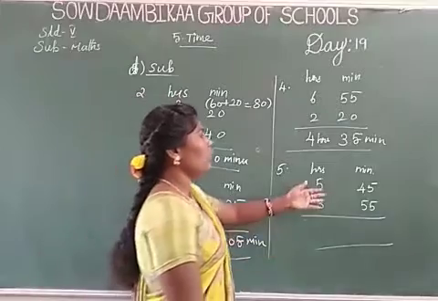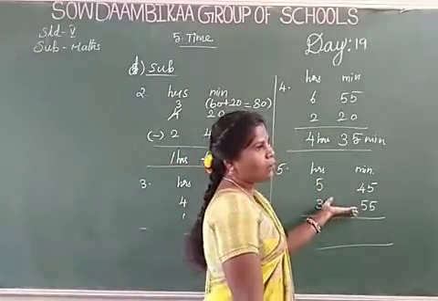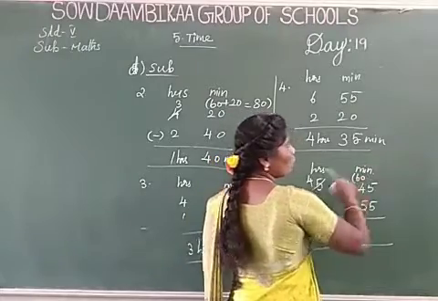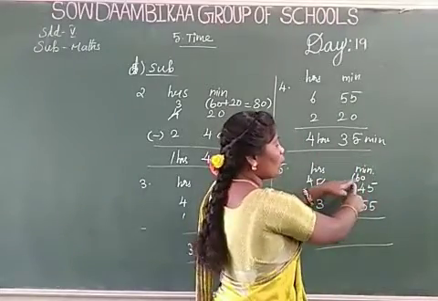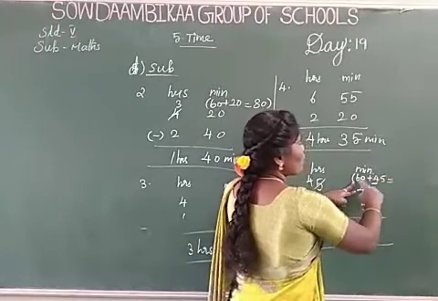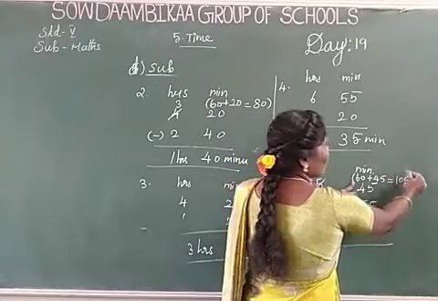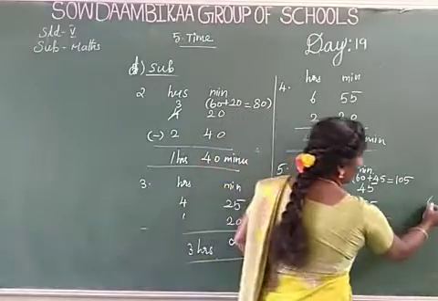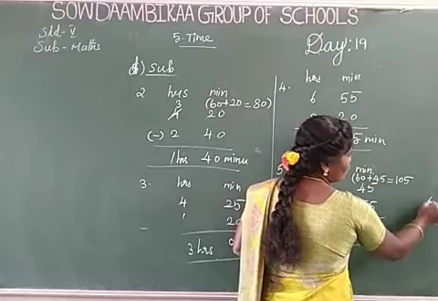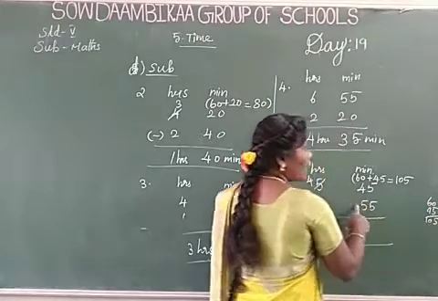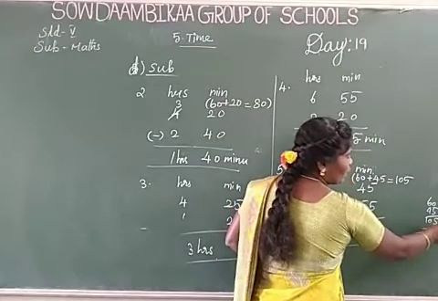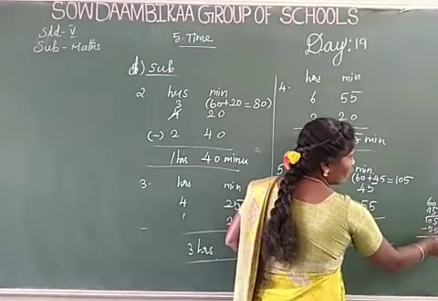The next: 45 minus 55 is not possible. So borrow 1. Here 4 hours, 60 minutes. 1 hour is equal to 60 minutes. 60 plus add this 45, how much? 105. 105 minus 55. 5 minus 5, 0. 10 minus 5, 5.